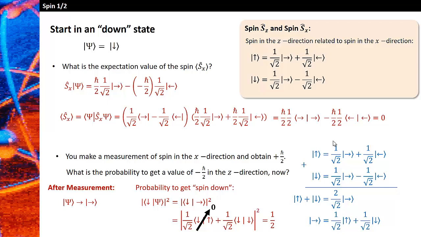So that's kind of strange. So the active measurement changed the wave function so that even though we started in a down state, after we made that measurement, we now have a 50-50 chance of getting either spin up or spin down. Okay, so this is just the weirdness of quantum mechanics showing up here. But this is how we would represent that in the math of using Dirac notation and doing the calculations.